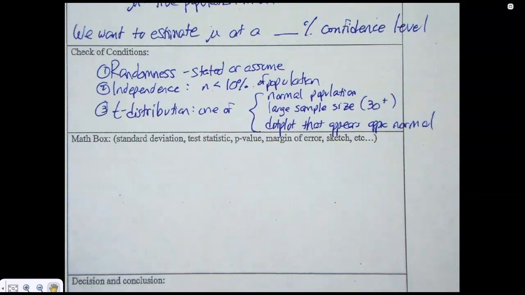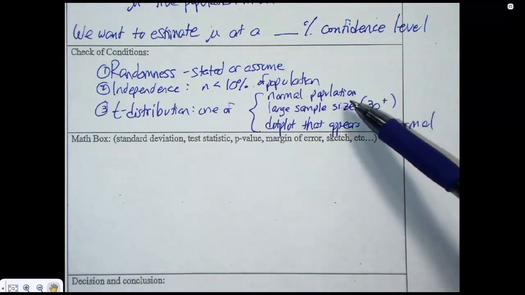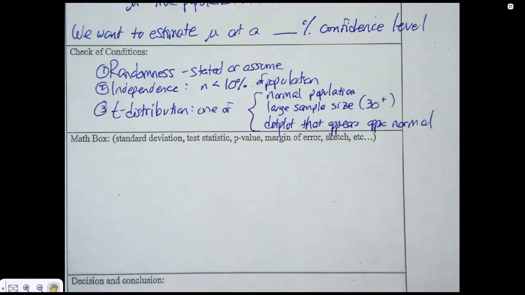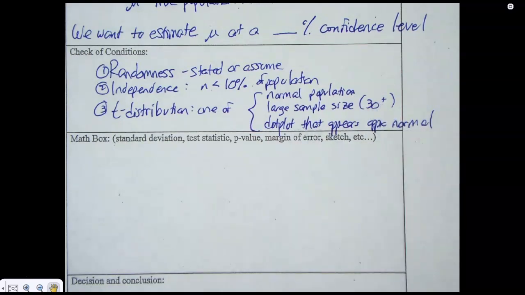That's the annoying one. Typically they'll either give you a normal population or a large sample. But sometimes they'll say the population is skewed right and you have a sample of like 20. Then you have to actually make a dot plot, putting dots for all the values, and next to it note that it appears approximately normal, and then you keep going. They don't do it very often because I think they know it's pretty annoying, but I've seen it. So we're going to talk about it.